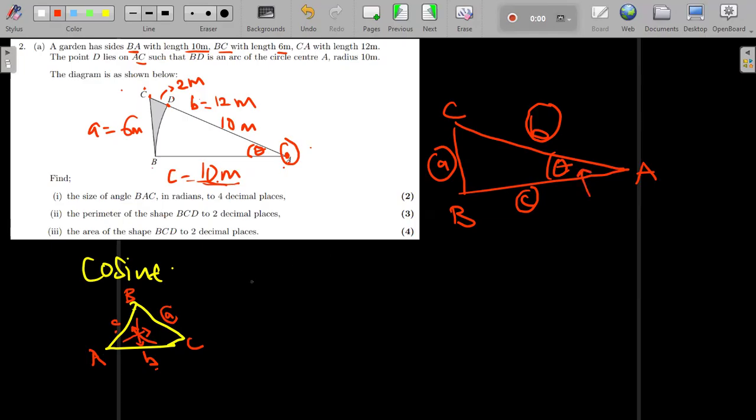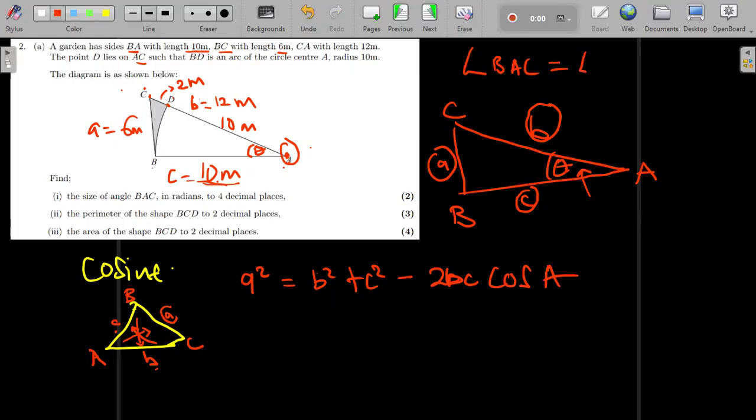So we are going to say A squared is equal to B squared plus C squared minus 2BC, and then cos, I almost wrote sine, and then cos of the angle A that we are looking for. Remember I said angle BAC is the same as angle A. All right, so let's replace the numbers.